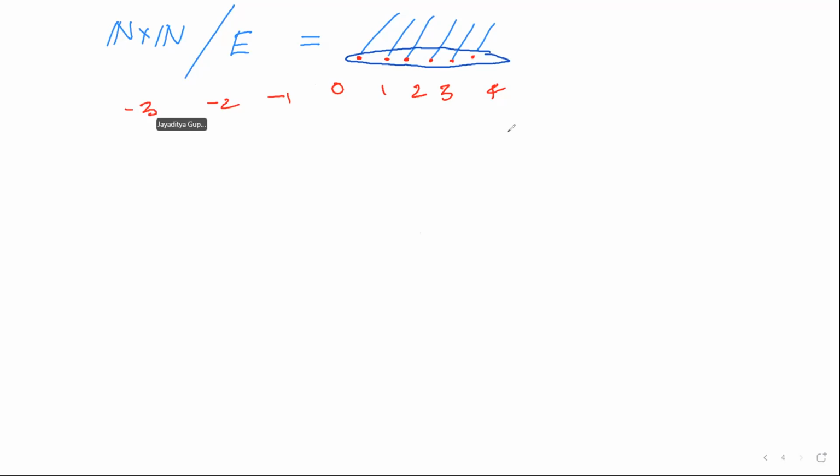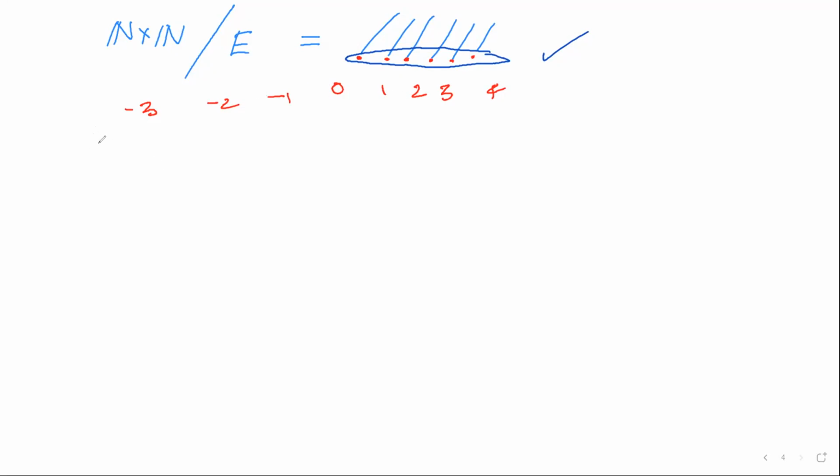So now, after you get this, how do you add and subtract? First of all, before we do anything, how do you compare two integers?